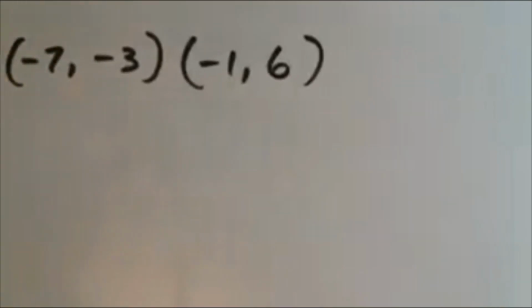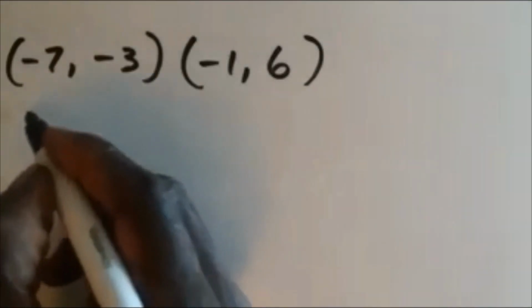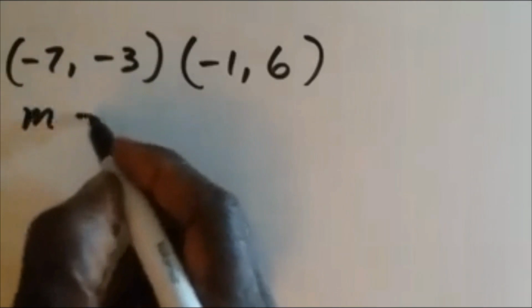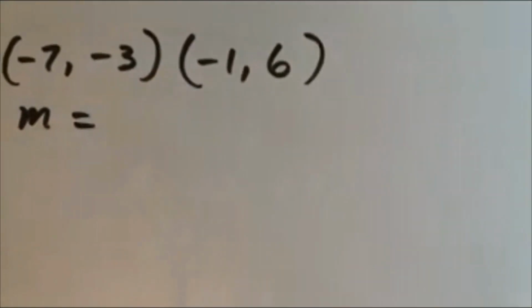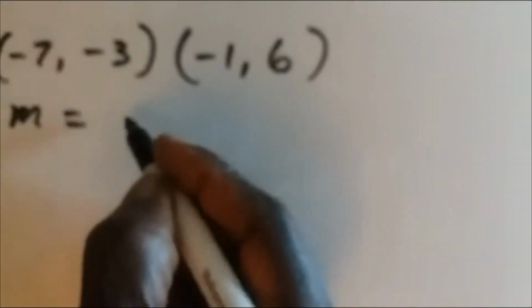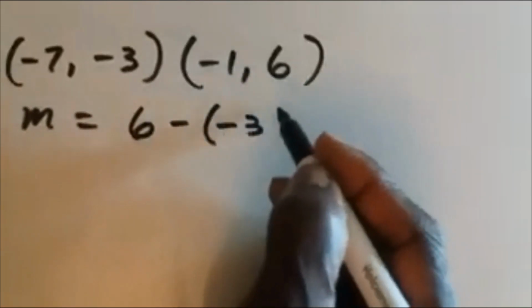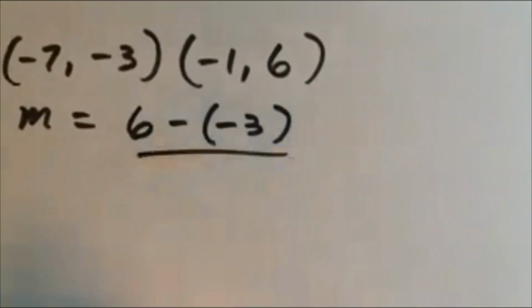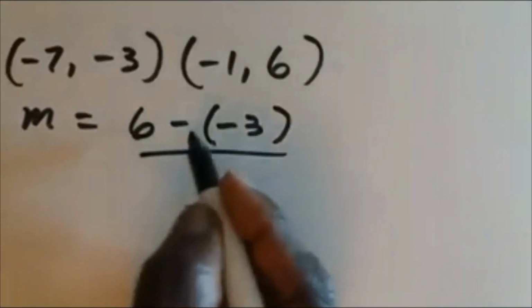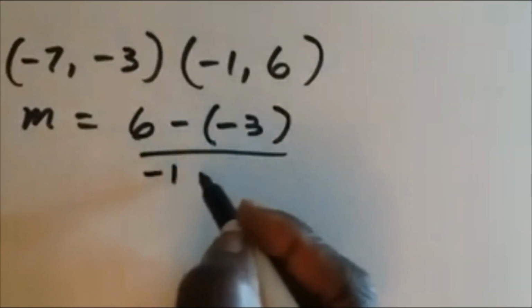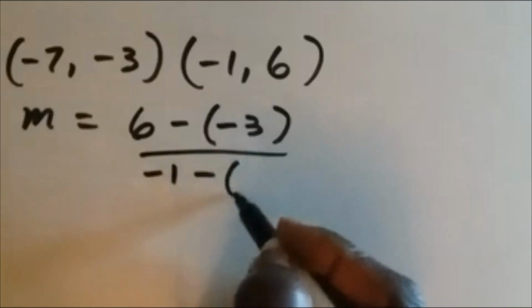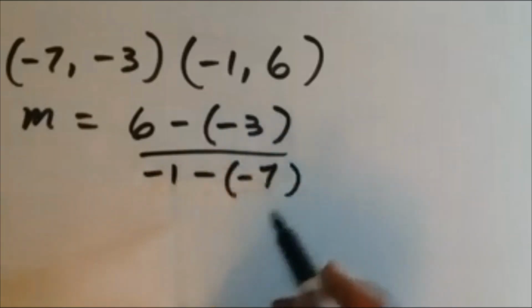Here's another set of 2 points, and first we need to find the gradient m. That's equal to y2 minus y1, so that's 6 minus negative 3, divided by x2 minus x1. x2 is negative 1, and we're taking away negative 7.